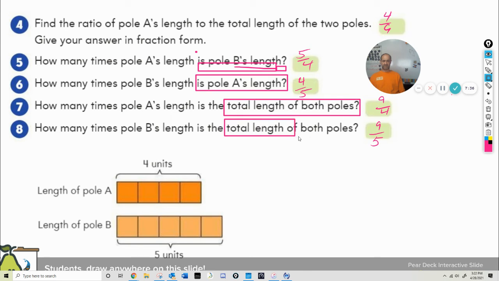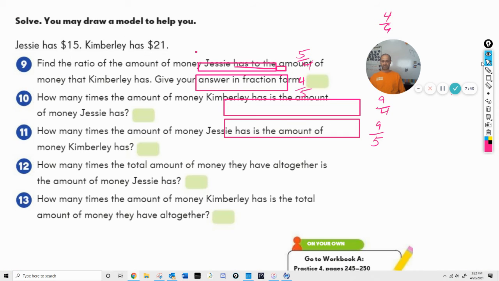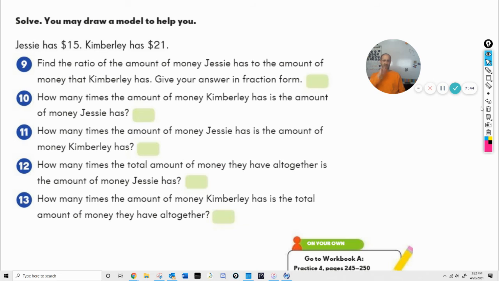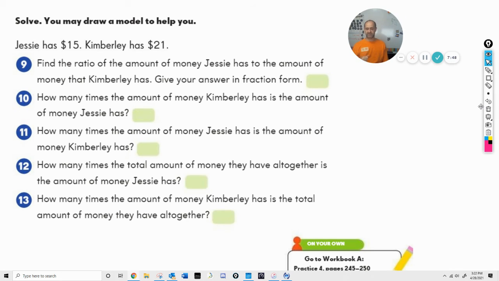Okay, so that's kind of your foundation that you're working with. Last page, cool. Pause me and do them all, and then I'll come in 5 seconds and tie this stuff up for you. Okay, carry on.